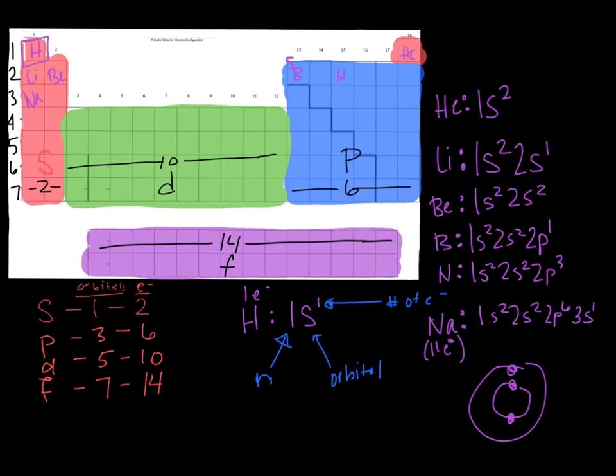All right, so let's try one more, and I'm going to write it down here on the bottom. Let's do chlorine. Chlorine has 17 electrons.